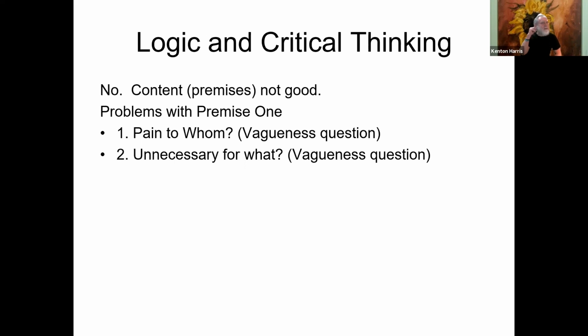You go, well, they didn't say it's unnecessary for beef stroganoff. Fair enough, but they didn't say unnecessary for what. To say something is unnecessary requires more. That should be one of those words where a little bell goes off in the back of your head that goes, for what? What is unnecessary? So there's a vagueness question.